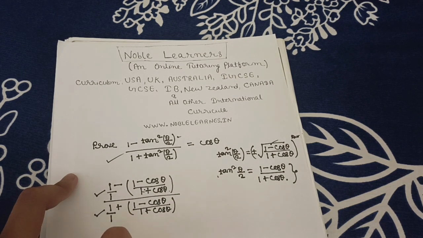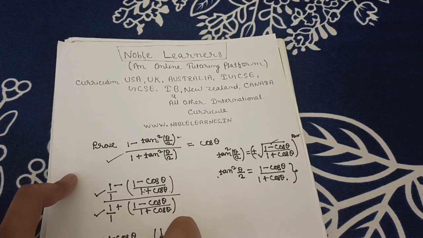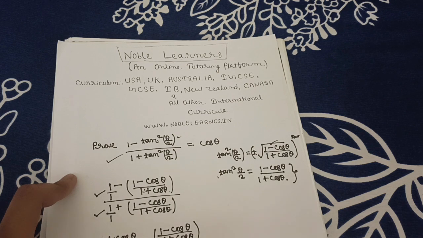So I'm going to write 1 plus cosine theta upon 1 plus cosine theta and then a minus sign over there, and then I'm going to just copy that 1 minus cosine theta upon 1 plus cosine theta. This is how I'm going to write. After that I'm going to do the same thing. Again the LCM is going to be 1 plus cosine theta.